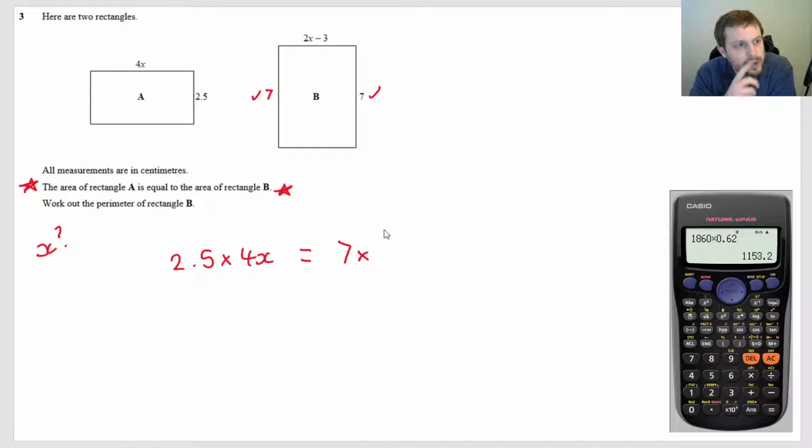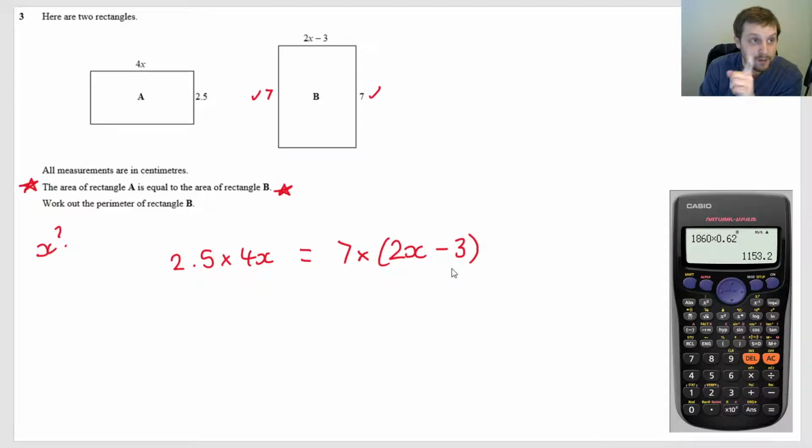Now, what have you got to remember to put if you're multiplying a whole expression by something? Brackets. That's right. Well done if you did that. This is when brackets are actually important. I'm timesing the entire thing by 7.